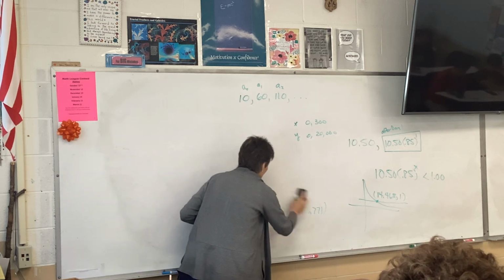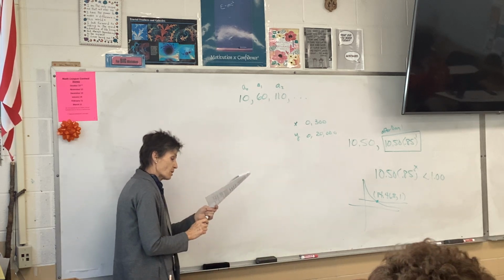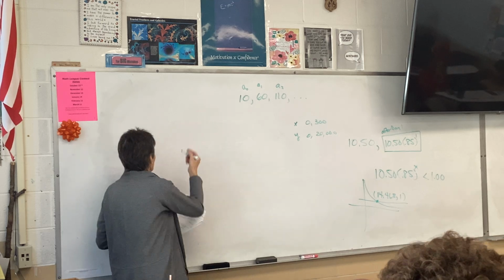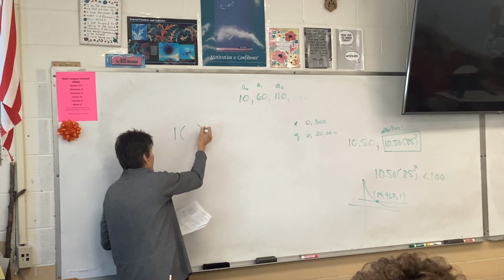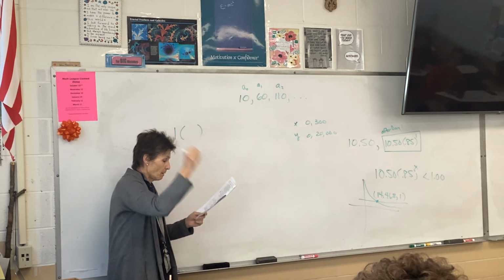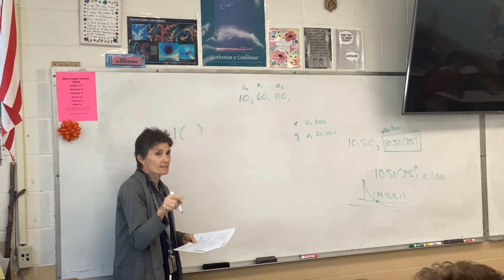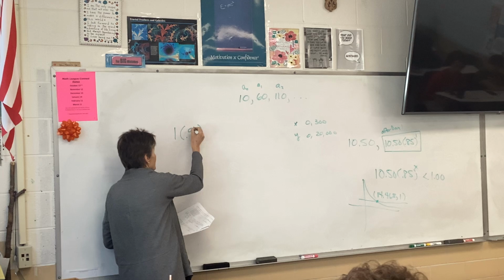Okay, so I'm starting with a full tank. So my initial term will be 1. And every time I pump the thing, I remove 10%, which means how much is left? 90%?